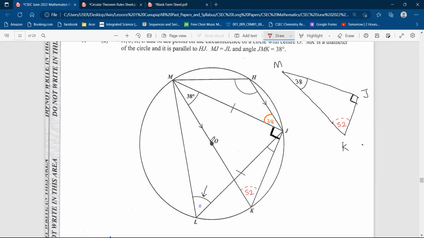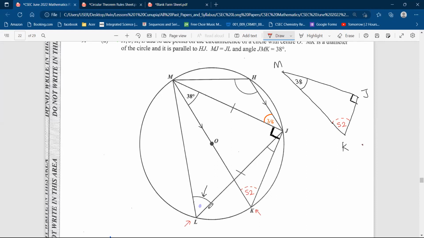If you look at it carefully, the arc is from M all the way to J. Look at it. One angle starting at M, hitting the circumference that's over here and bouncing back to J, and the angle is 52. Then you have another angle starting at M. It's hitting the circumference at L, but bouncing back to where?